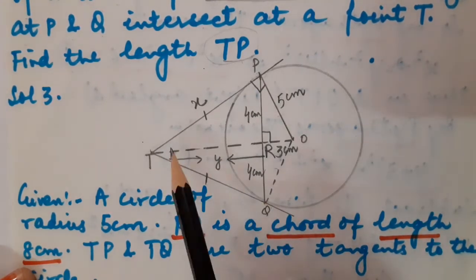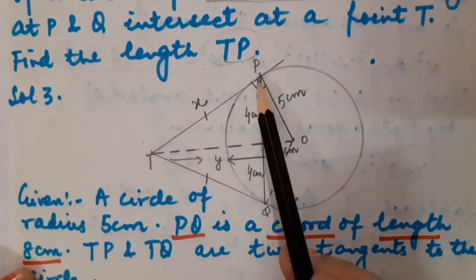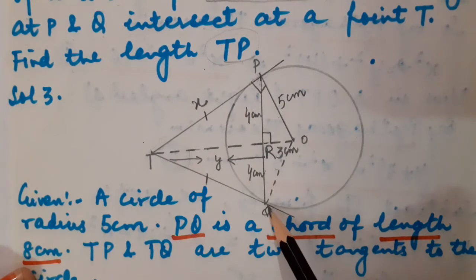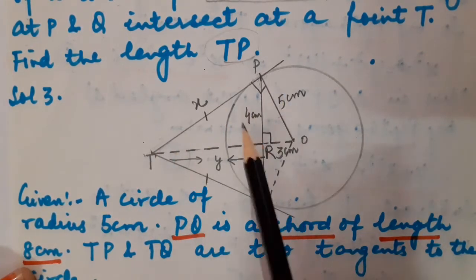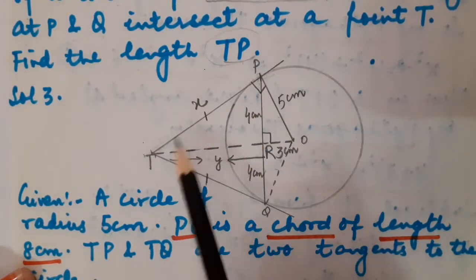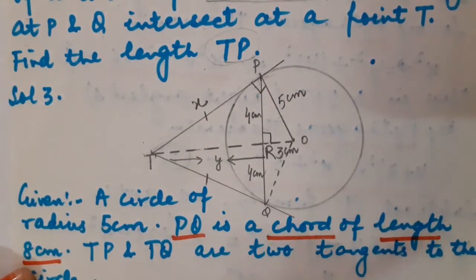Correct, children? And I have to calculate the length TP. If I calculate the length TP, obviously I am calculating the length TQ as well. What's the reason? Correct. The lengths of the tangents from the external point to the circle are equal. So basically I have to calculate the length of either of the two tangents, that would be same.